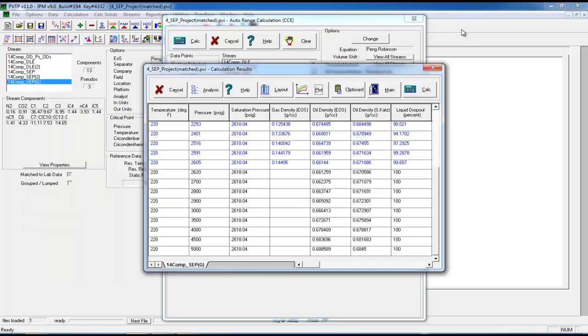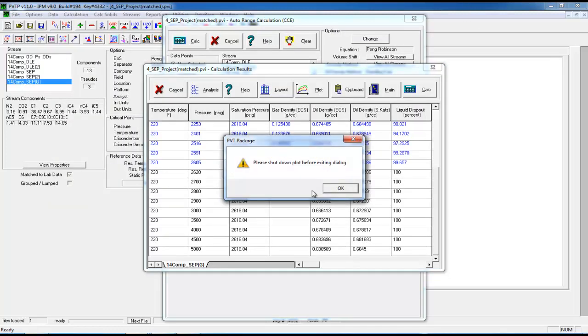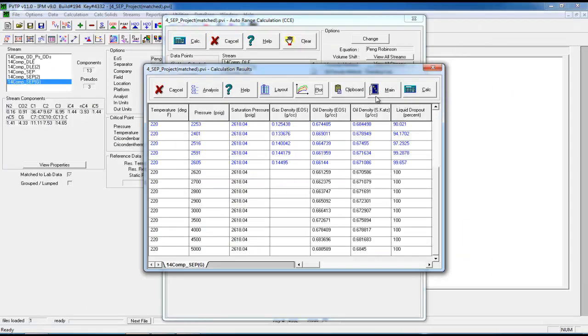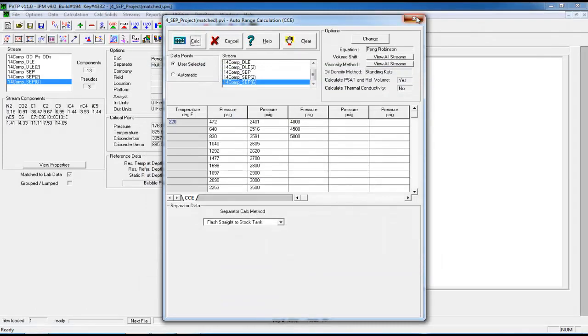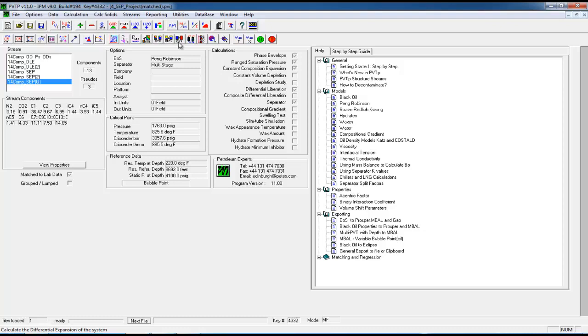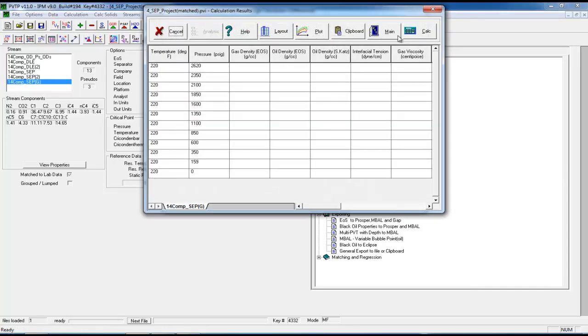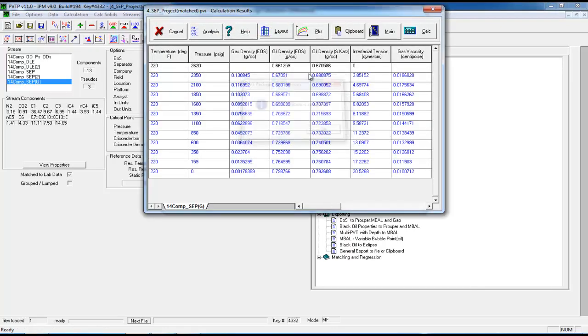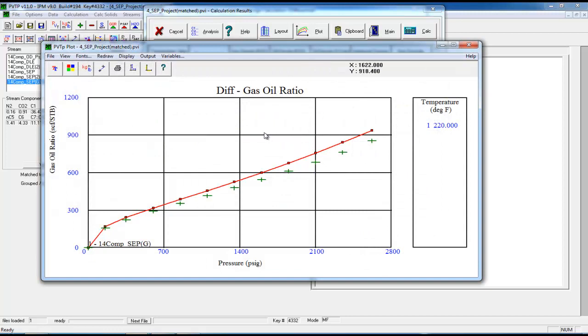I will go to DLE. And you see now the GOR is a little bit shifted. So now we have this shift. You will need to improve this.